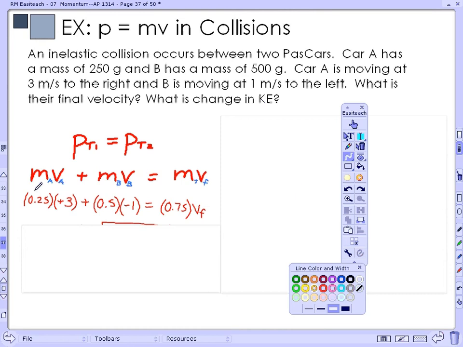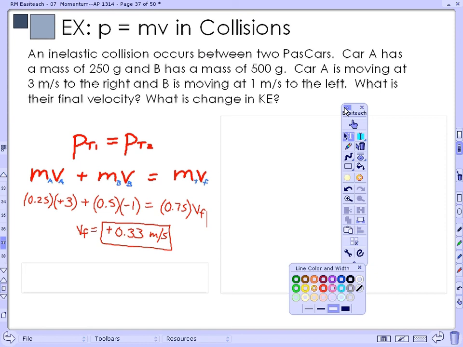Notice I converted all of these to kilograms. Here's my final velocity, positive 0.33 meters per second, so this will be going to the right. That's not obvious. If you have something going left and something going right, you have to think about which has the greater momentum.